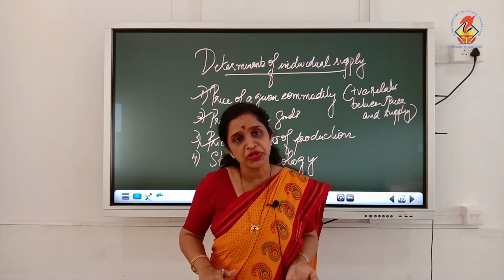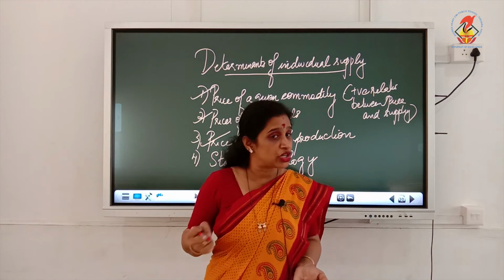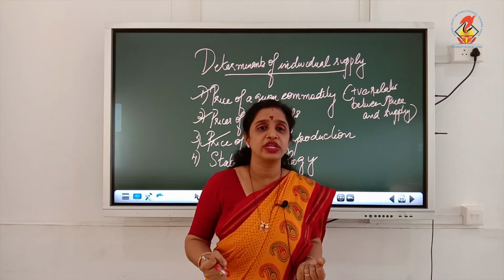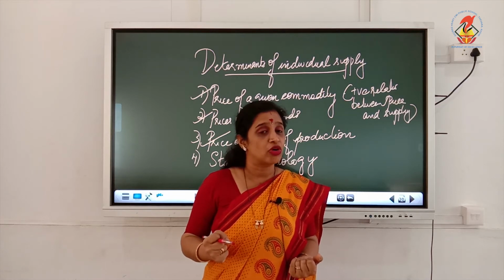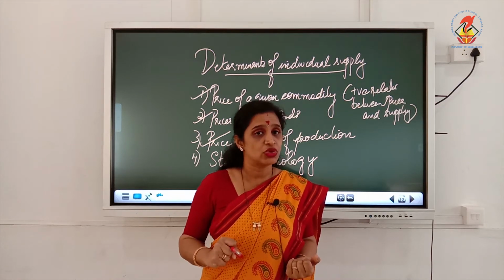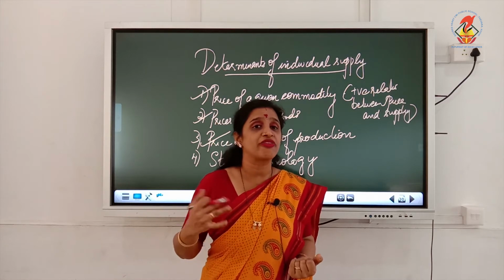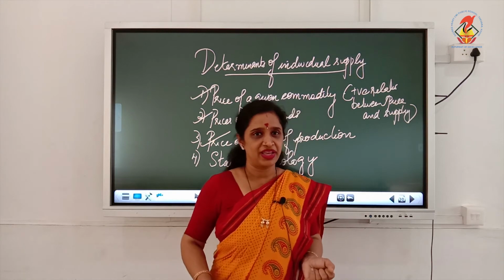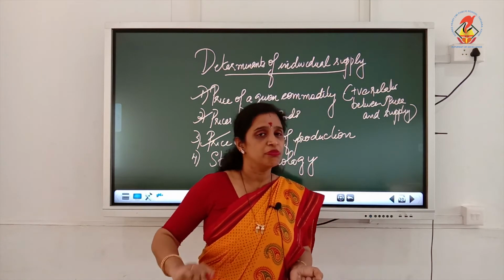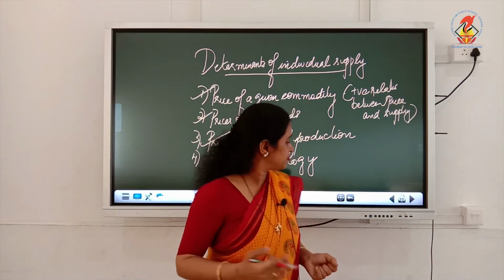At that time, what will the producer do? The producer will try to cut short his production for that commodity because raw materials are costly. So, the profit or margin will be very less for him. So, if the prices of raw materials or factors are very high, the producer will reduce the supply. If the prices of factors are less, the producer will supply more.